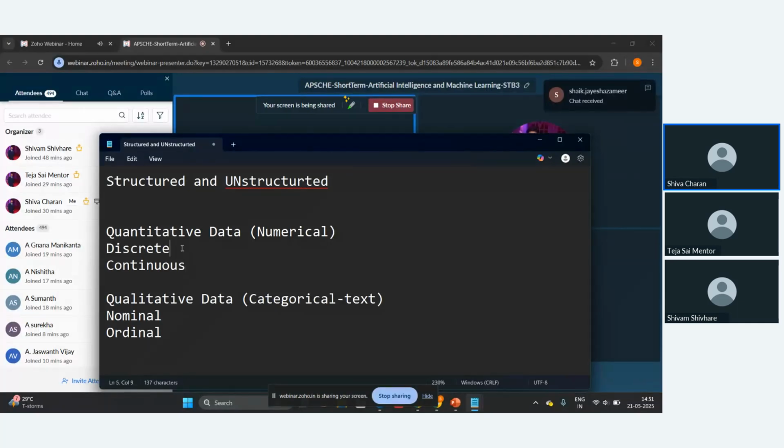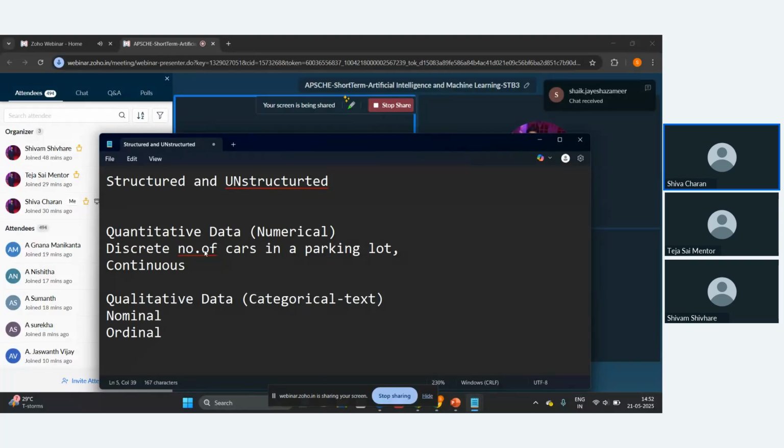So discrete, anyone having any idea about discrete? Whatever the data which we are having, it will be in the numerical format only. But in that numerical format also, we are having these types, discrete and continuous. So what is this discrete format of data? Discrete is nothing but which are countable. For example, the number of children in a class, or the number of cars in a parking lot.